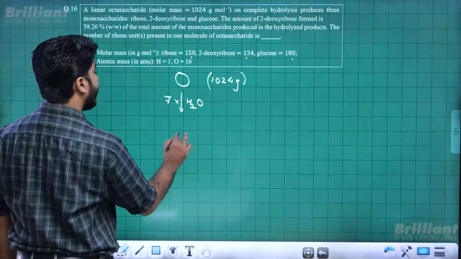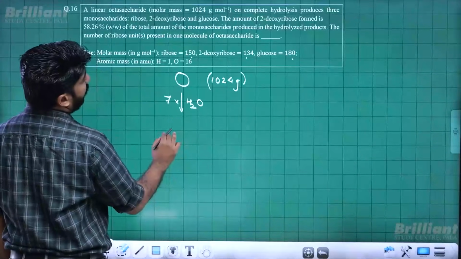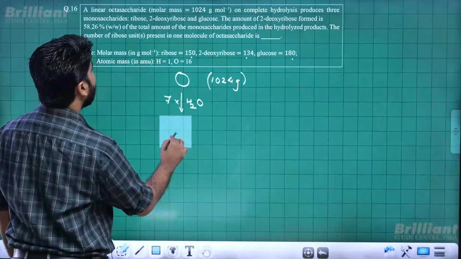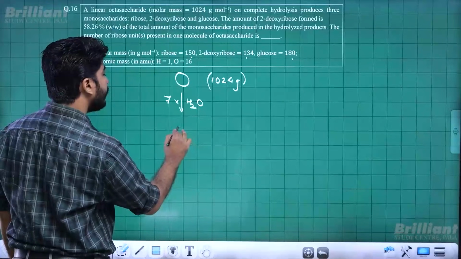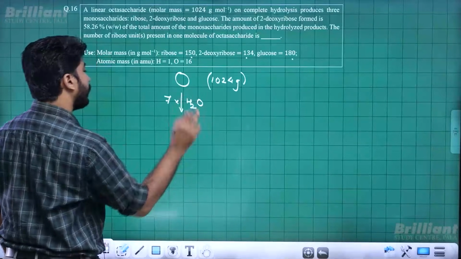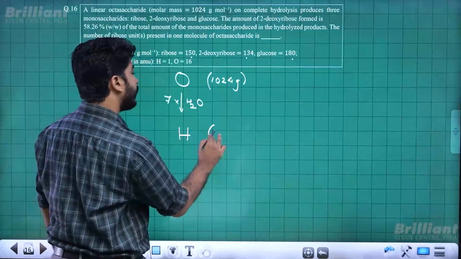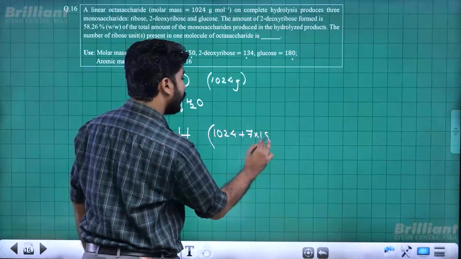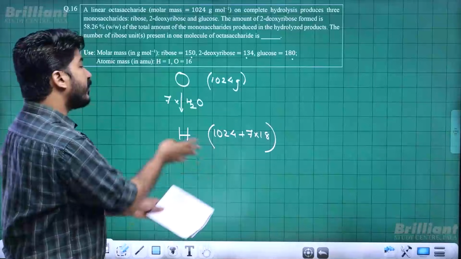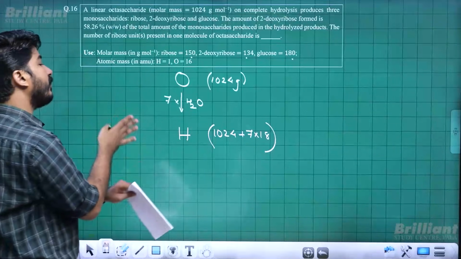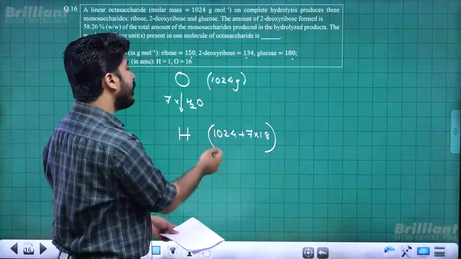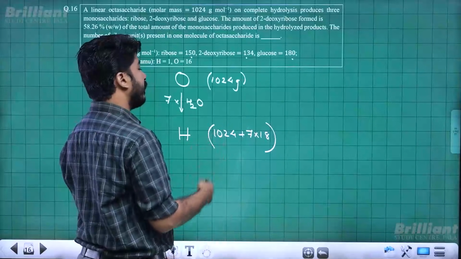And the hydrolysis products contain deoxyribose, ribose and glucose, and the total mass of the hydrolysis products, let's call it H, will be 1024 plus 7 into 18, because overall it's just an addition of water. Okay, water mediated lysis of the glycosidic linkages. So with respect to mass of the substances involved, this is an addition of water only.